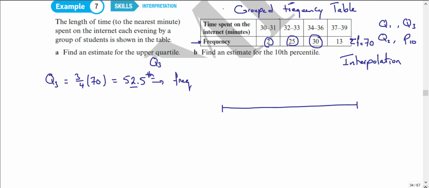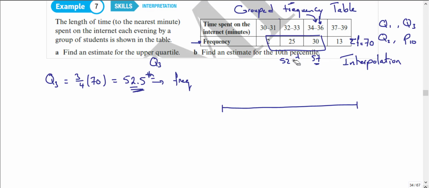It will be 57. That's still too much. It means 52.5 is somewhere here. Because when you add the three of them, you get 57, and our Q3 is at position 52.5. So it's very close to 57. It's somewhere here.